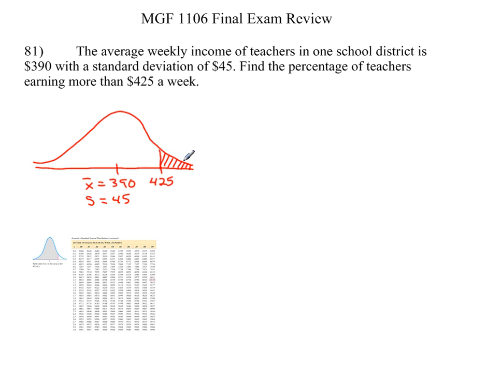Because there are an infinite number of different normal distributions, which would require an infinite number of tables, we take a normal distribution and standardize it into what's called the standard normal curve.